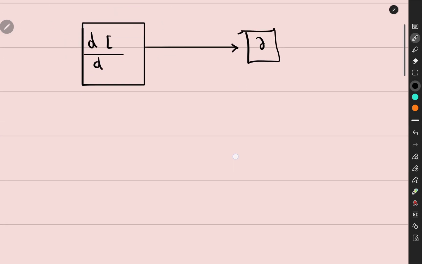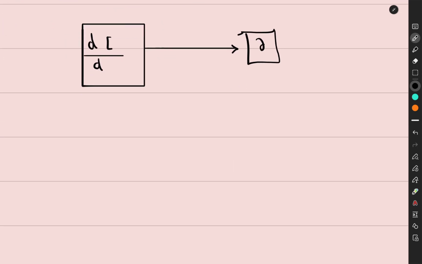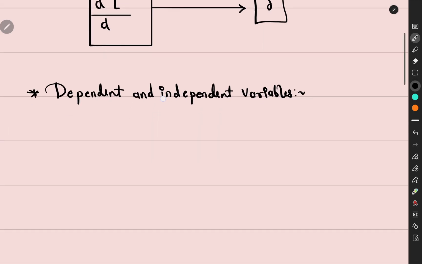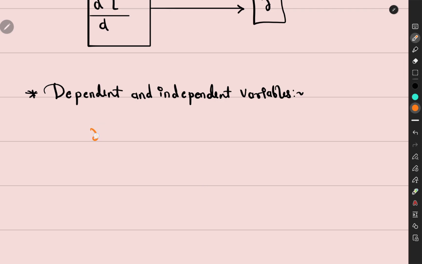Easy. So let's understand some important terms regarding this, which are dependent and independent variable. Let's take an example: del of y, or del y divided by del x. The quantity which you can see in the numerator is called the dependent variable.